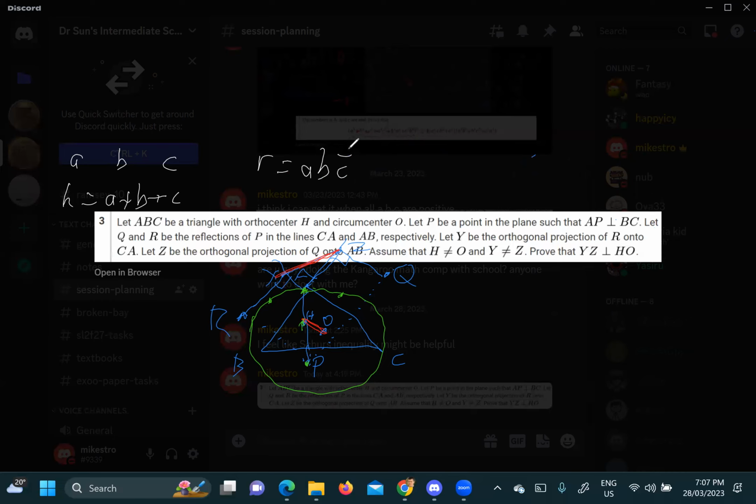And likewise, Q equals minus AB bar C because of symmetry. That's pretty nice so far.